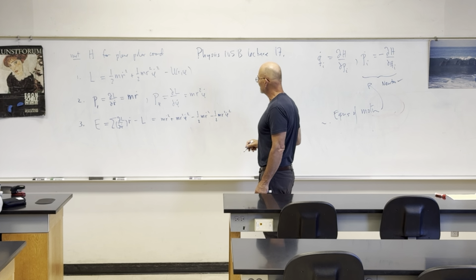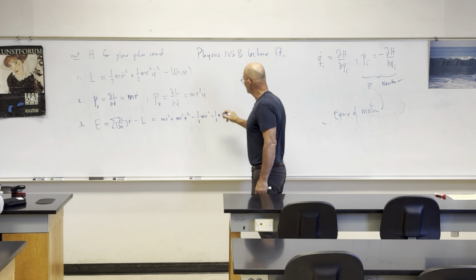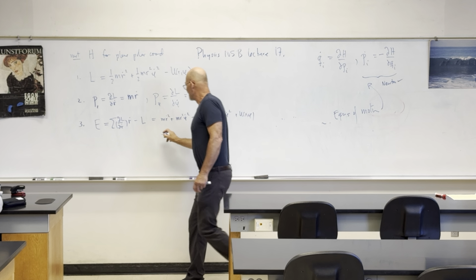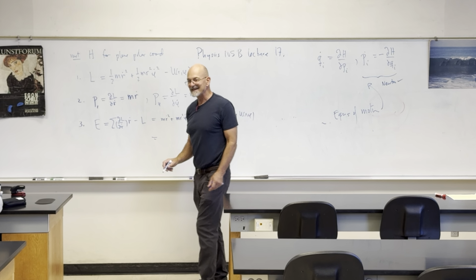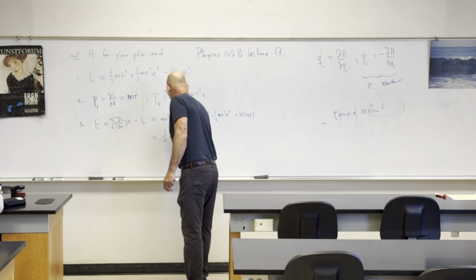This is pretty stereotypical. You're taking off half of it. Minus a negative is plus U of r and phi. So this energy really just turns into T plus U. So we're going through all the steps this time.